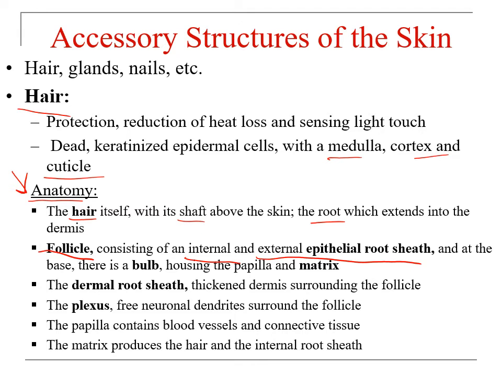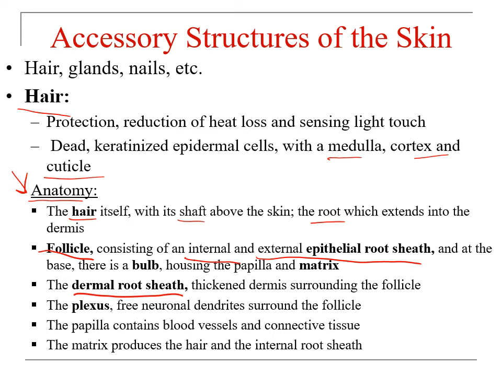The external root sheath is a downward continuation of the epidermis, and the internal root sheath is produced by the matrix and forms a cellular tubular sheath of epithelium between the external root sheath and the hair. Together, the external and internal root sheaths are referred to as the epithelial root sheath. The dense dermis surrounding the hair follicle is called the dermal root sheath.